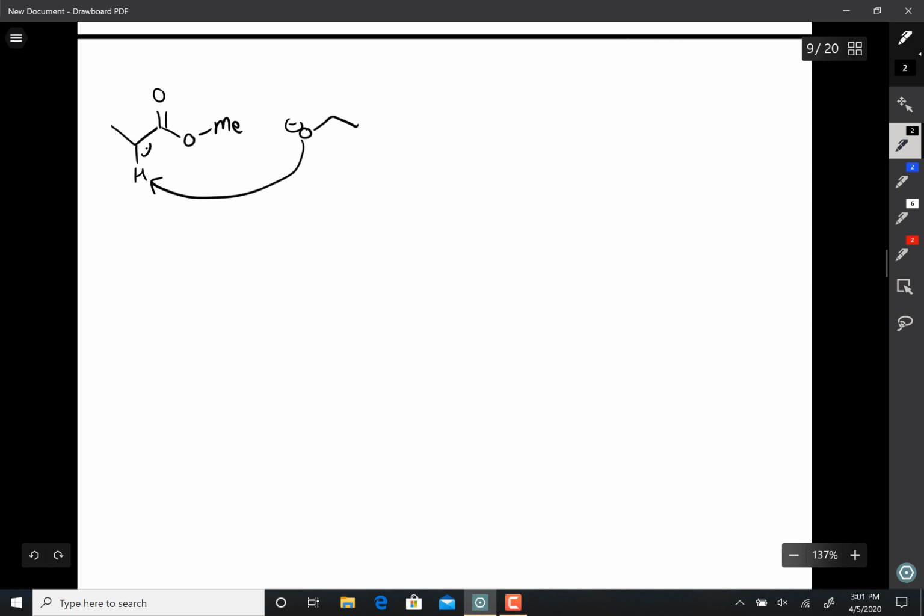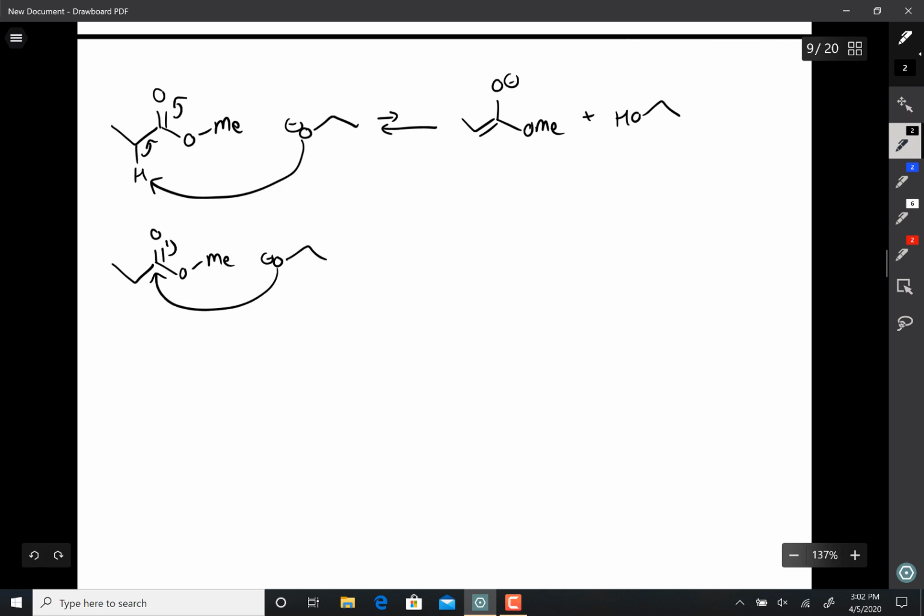Yes, ethoxide can form the enolate, just like methoxide can. But there's something else. Another reaction that ethoxide can do. And that's add to the carbonyl.